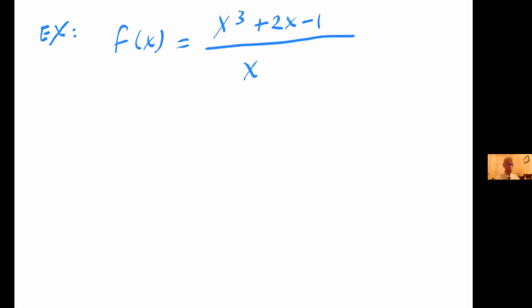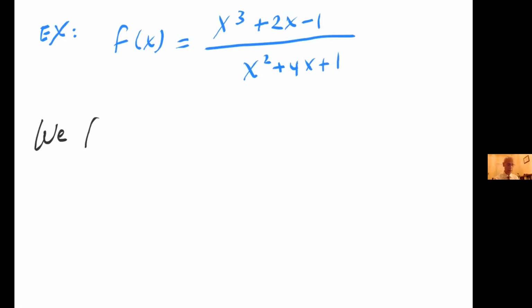Example, say f of x equals x cubed plus 2x minus 1 divided by x squared plus 4x plus 1. Notice that the degree of the numerator is higher by only 1. So how do you find the equation of the slant asymptote?